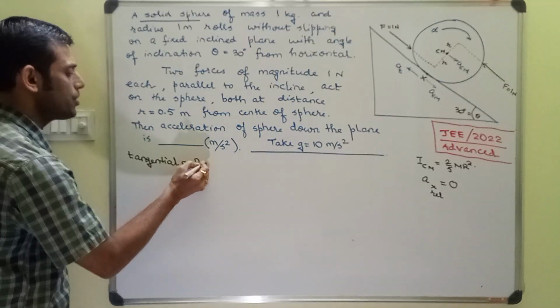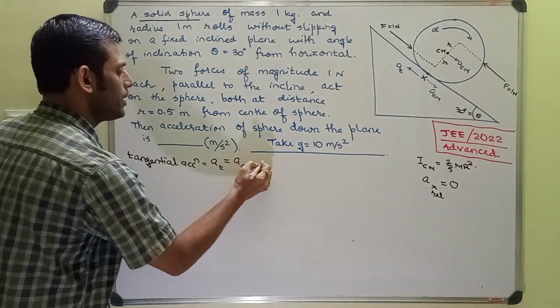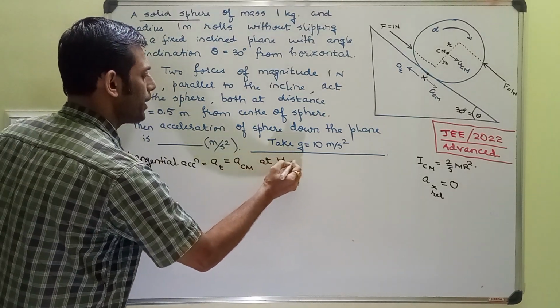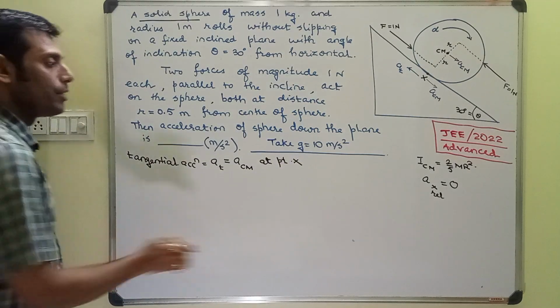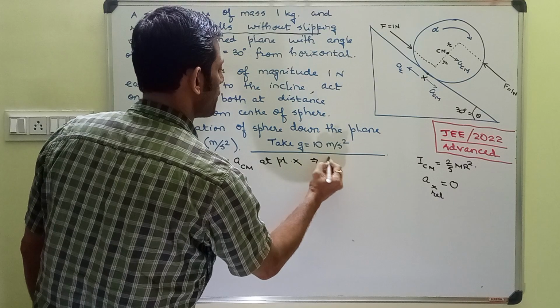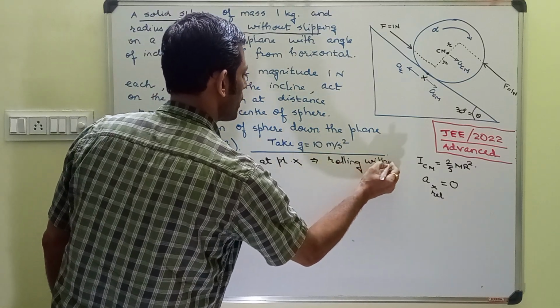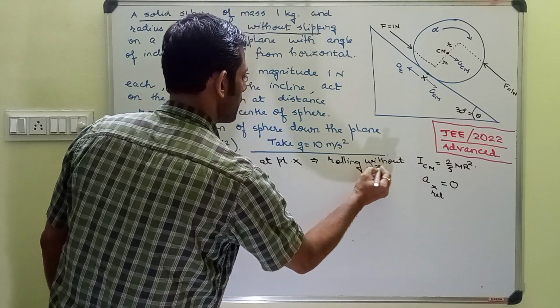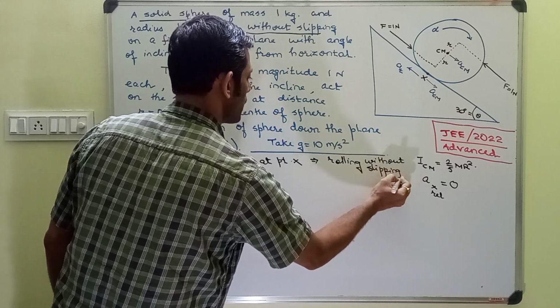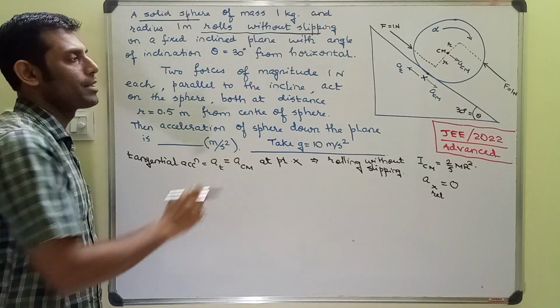Tangential acceleration AT should be equal to the center of mass acceleration at point x, and this implies rolling without slipping. This is needed.